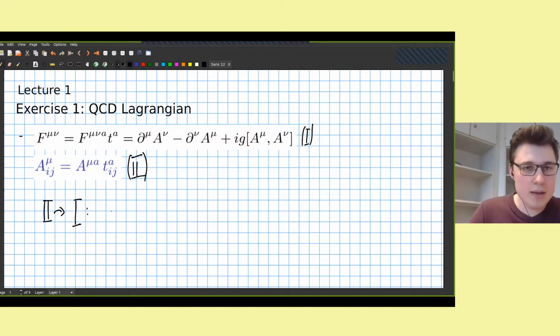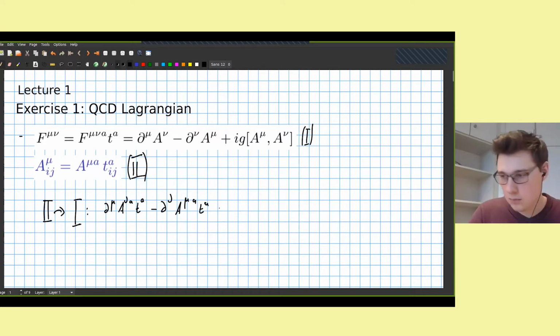And what we get then, well, the first two terms are trivial, I suppose. So we have a del mu A TA minus del nu A TA. Next, we have the commutator. So let's write out explicitly both terms of this commutator.